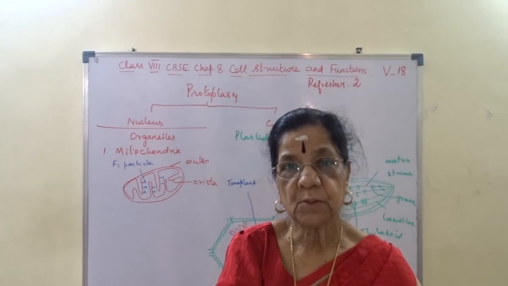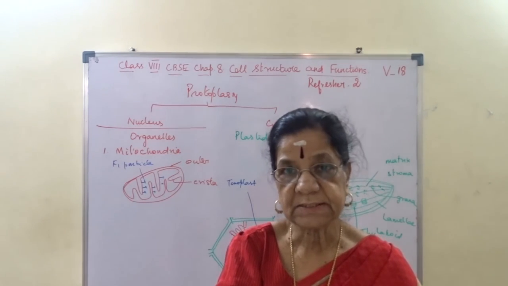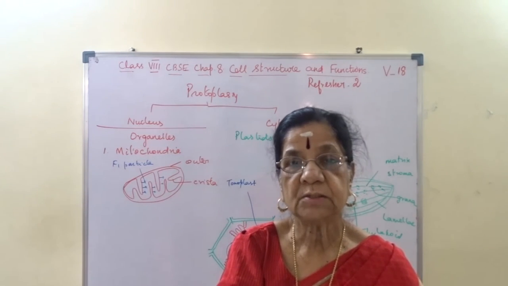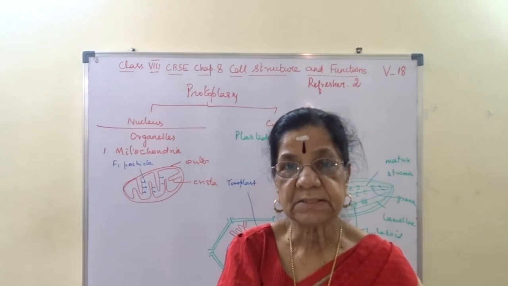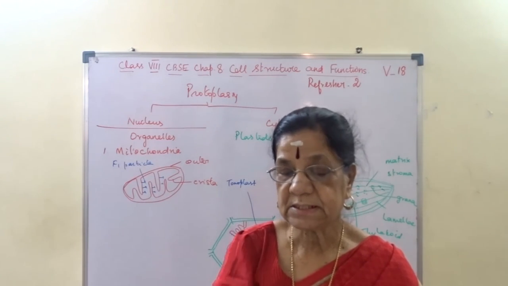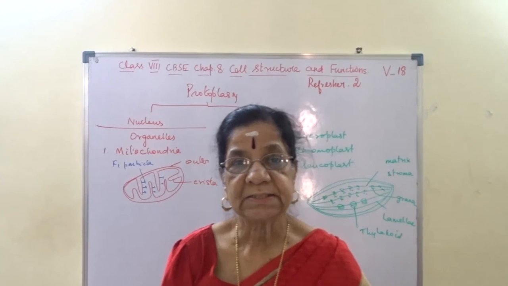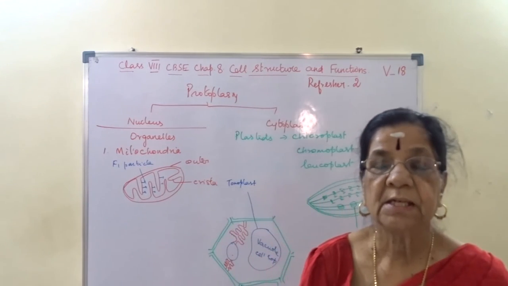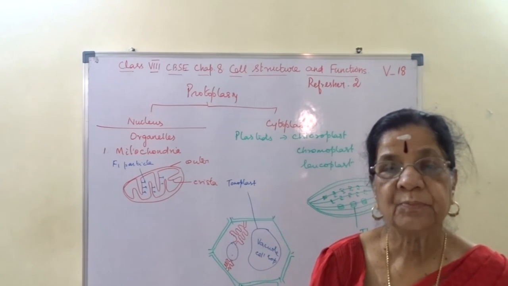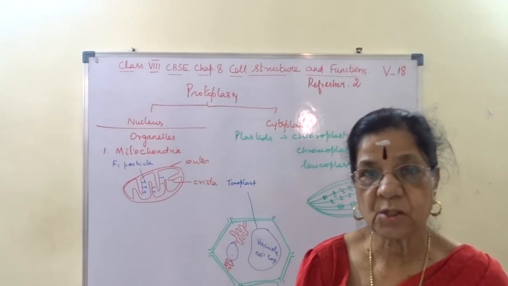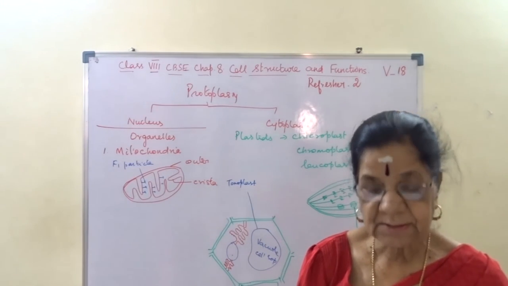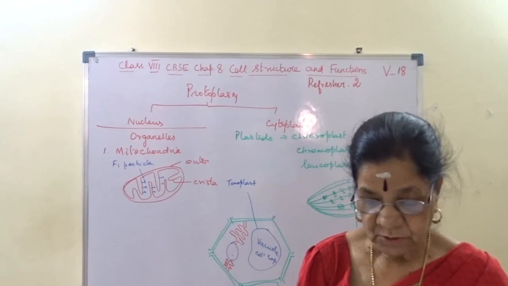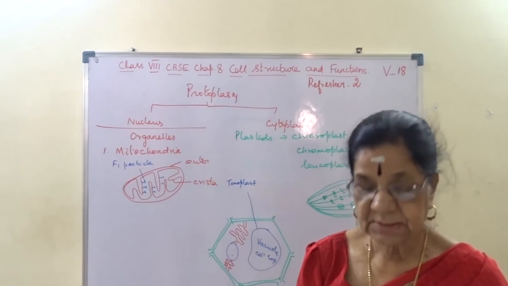Then Robert Brown discovered the nucleus. Anton van Leeuwenhoek discovered the structure of bacteria and certain protozoans. Purkinje coined the term protoplasm, which is formed of nucleus and cytoplasm. So this is the discovery of the cell.